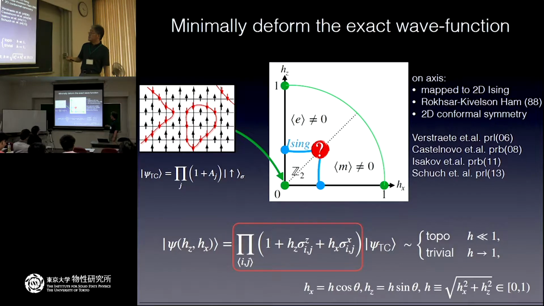And your boss's group has already considered this deformed wave function, and from this deformed wave function, people say one can tune these two parameters and get the E condensing phase transition or M condensing phase transition.